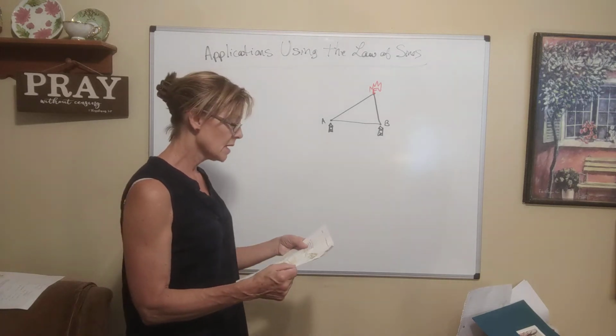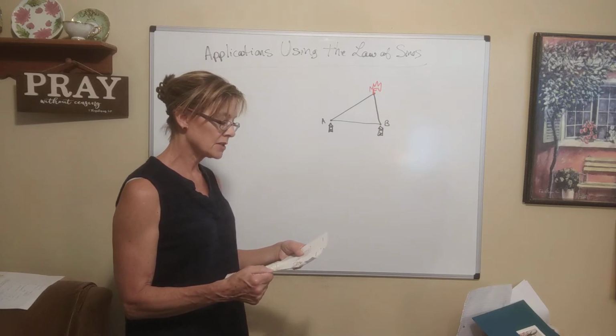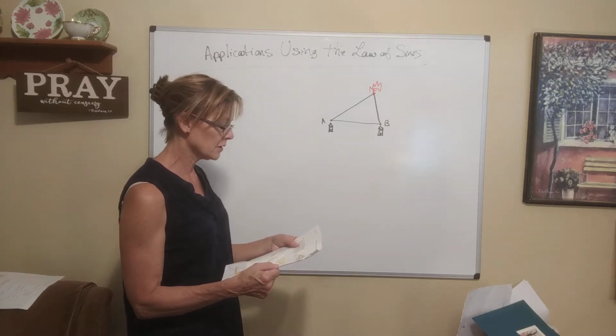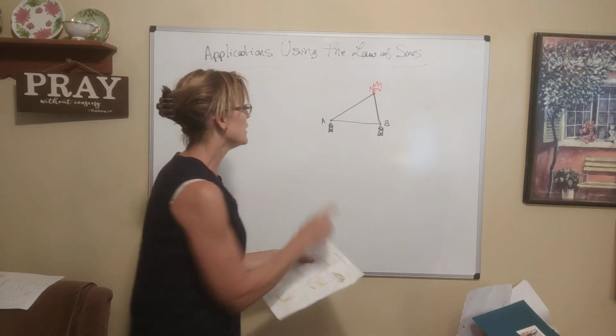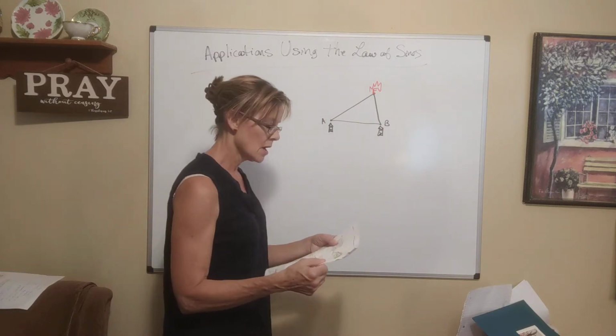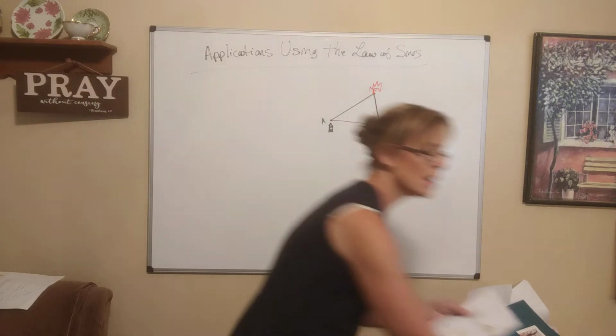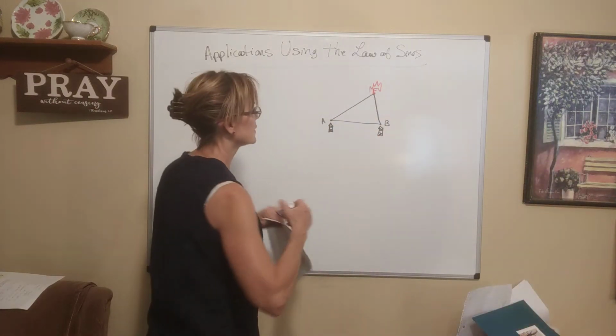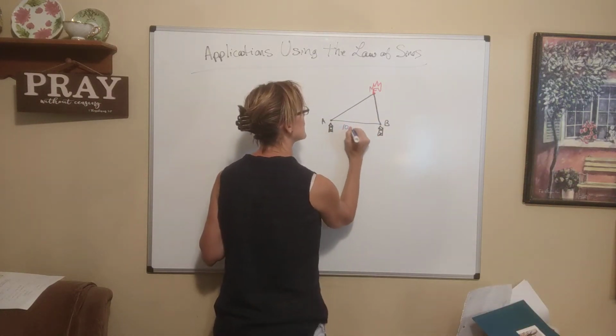59 says this. A fire F is spotted from 2 fire lookout stations, A and B. Here are the lookout stations. They're 10.3 miles apart.